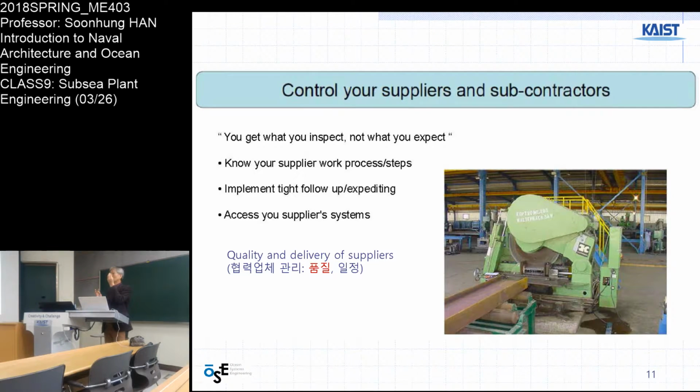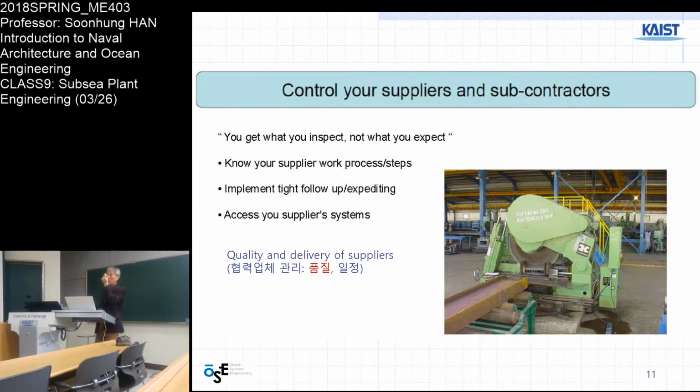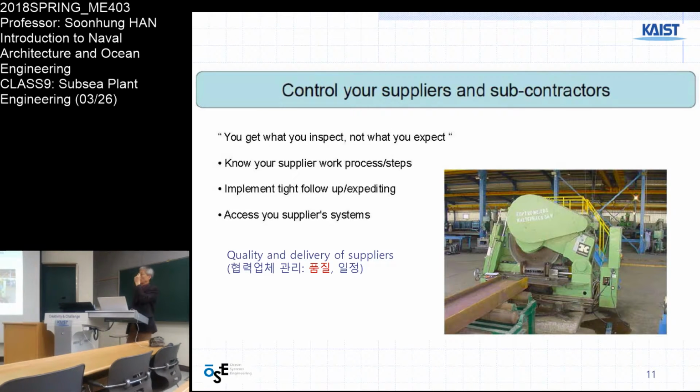You may remember a big disaster in the Toyota case. Only a small spring component around the brake system had a problem. The whole company had a big problem because of the small spring that came from a very small company. The quality problem.